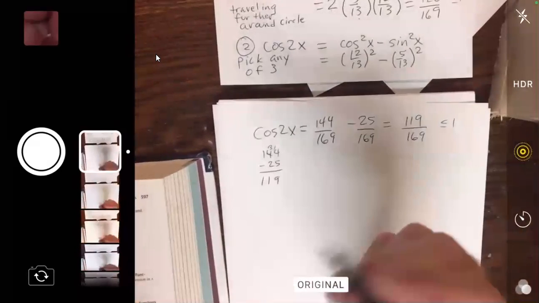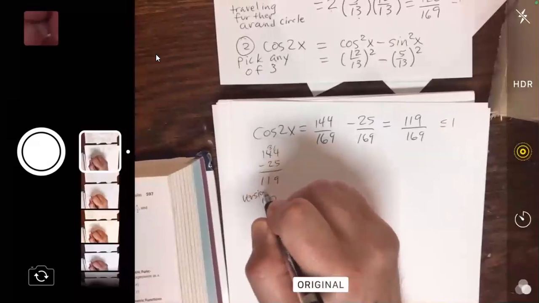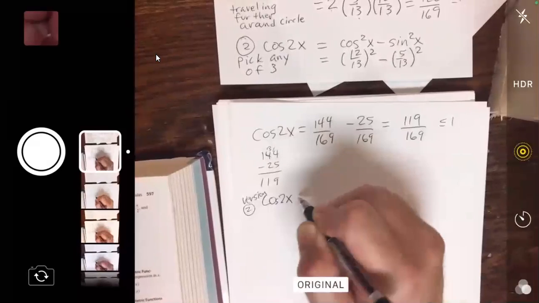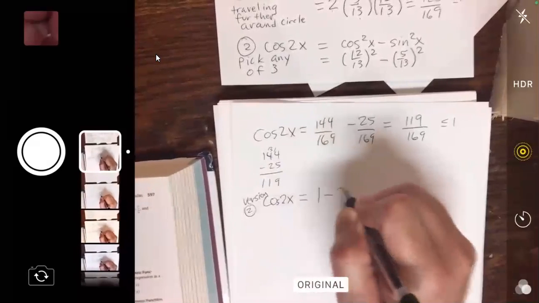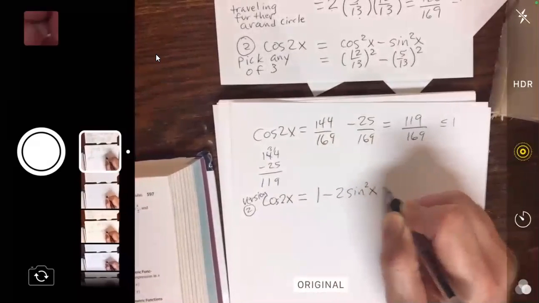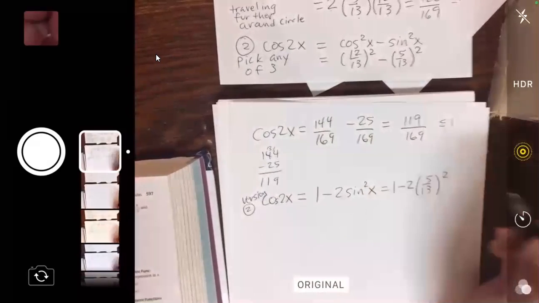Just to give you some confidence in the other 2, let's use version 2, just to show you that you could have used any of the three versions. It was 1 minus 2 sine squared x. So you got 1 minus 2 times 5 over 13 squared.